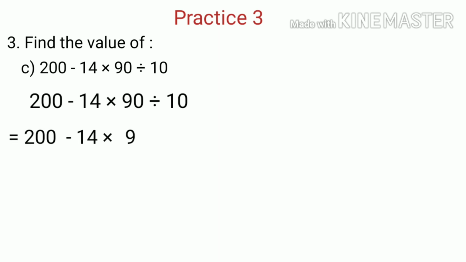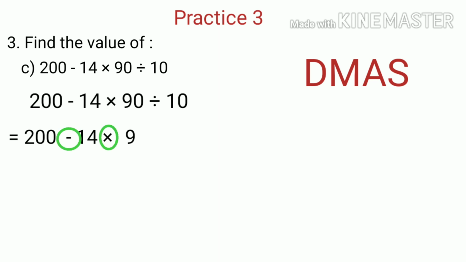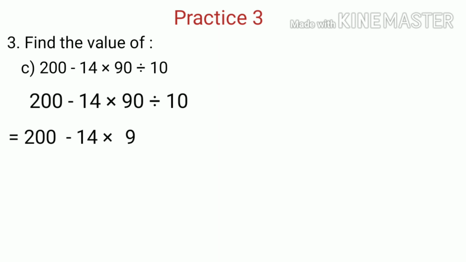So the expression becomes 200 minus 14 into 9. Now according to the DMAS rule, multiplication should be carried out after division. And since in this expression we have subtraction and multiplication, so now we will carry out multiplication. When we multiply 14 by 9, we get 126.